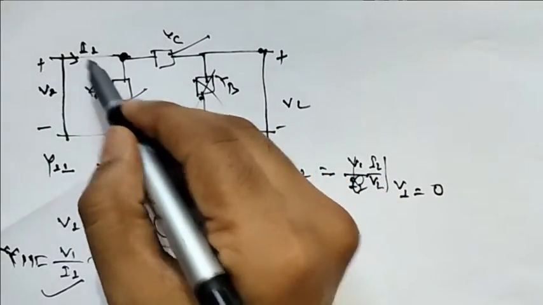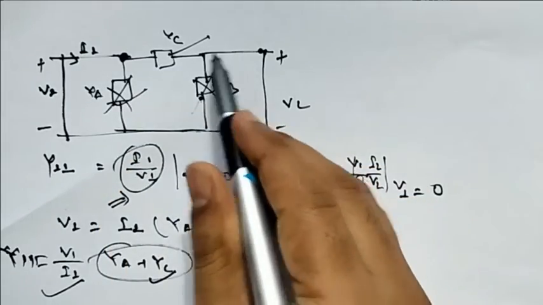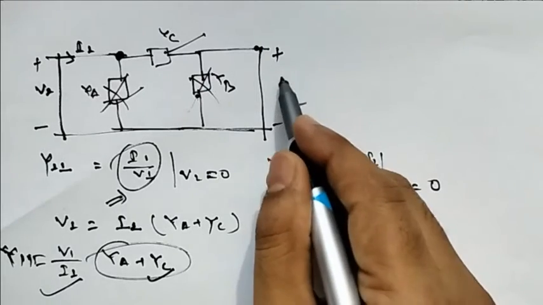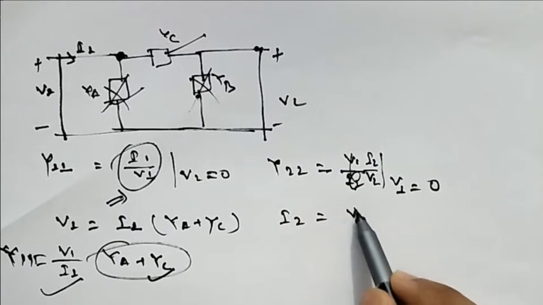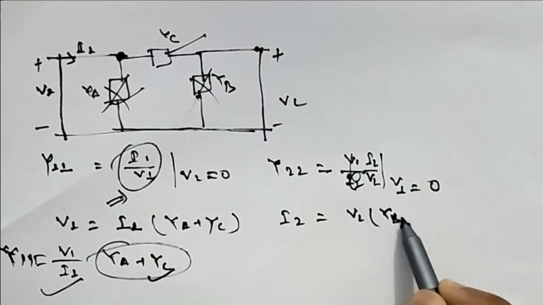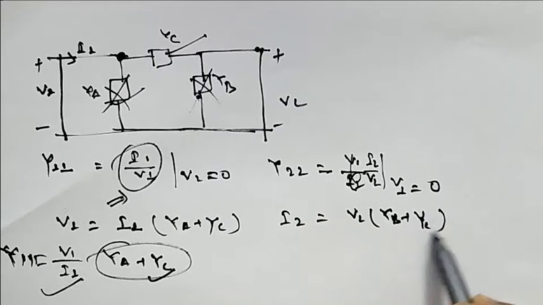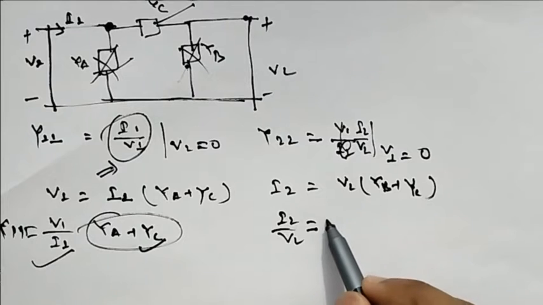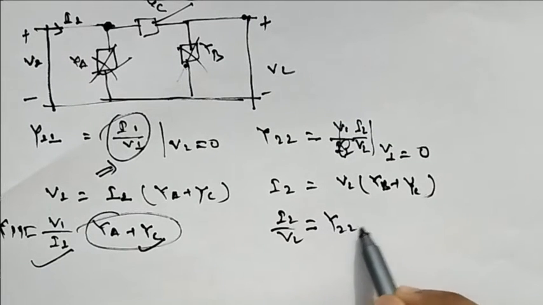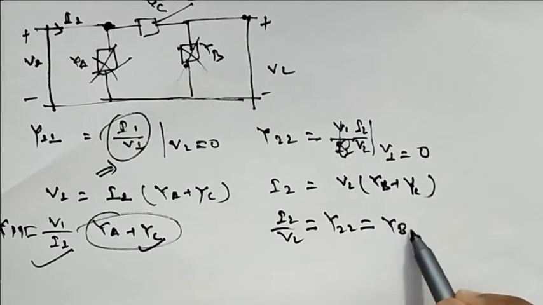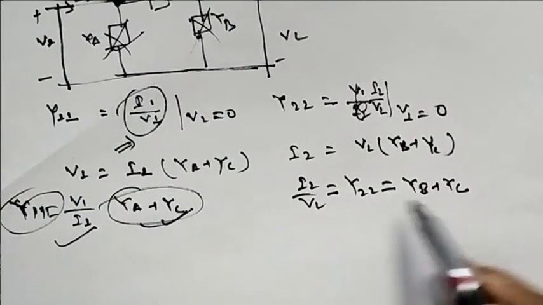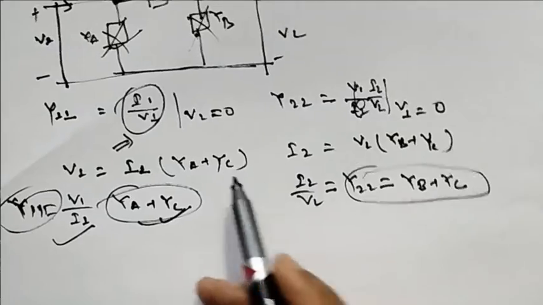Similarly, this will not be in effect, and because of this V2, I2 will be V2 into yb plus yc, and I2 by V2 is nothing but your y22, and y22 is equal to yb plus yc. So we got y11 equal to ya plus yc and y22 equal to yb plus yc.